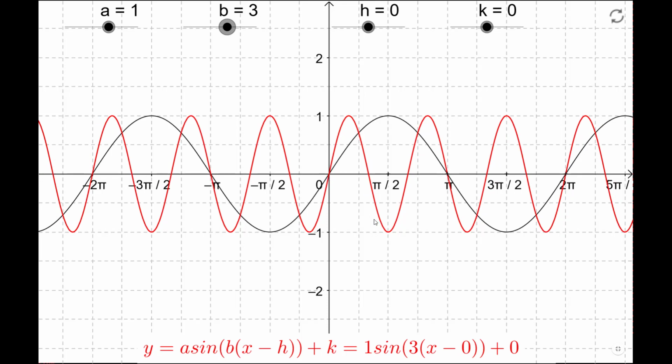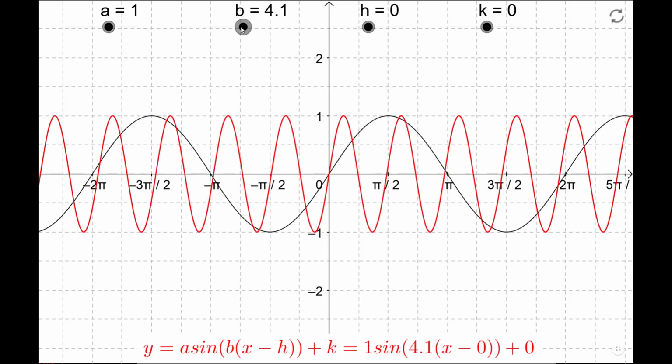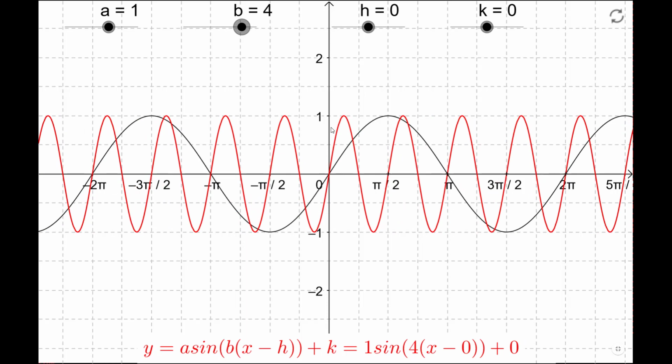Up, down to 0, up, down to 0, up, down to 0. So I can fit it between 0 and 2 pi 3 times. What if B is equal to 4? Up, down, up, down, up, down, up, down, back to the x-axis. I can do it 4 times between 0 and 2 pi.